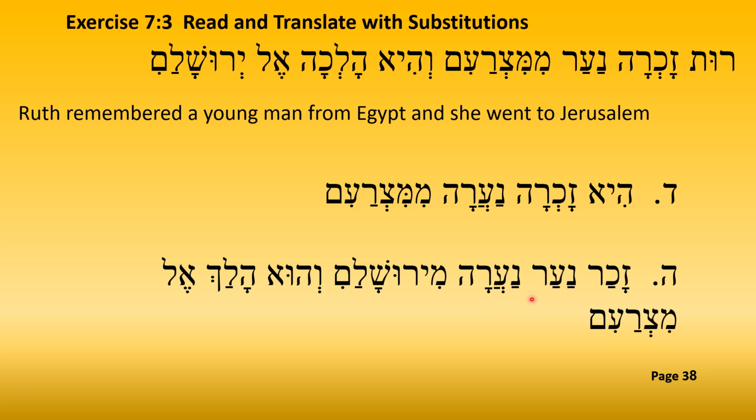How do you know which of these two is the subject? Well, because this matches this verb, if you were reading it without having translated it. So Na'ara Merushalayim, a young woman from Jerusalem, and he went to Mitzrayim, Egypt. Doesn't sound like a good start for a relationship there.